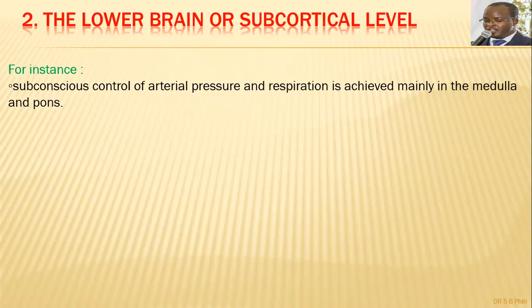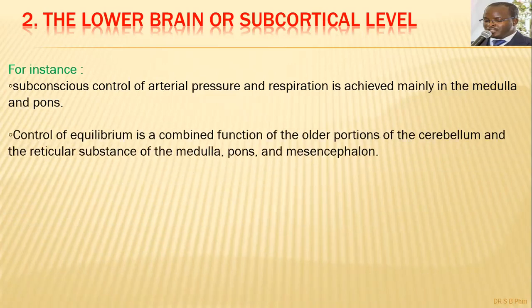So the subconscious control of arterial pressure is also taking place within this subcortical level, because this is where you find the medulla oblongata and those nuclei, the basal ganglia, the hypothalamus, and mesencephalon, like I've already explained. Even before you involve the actual higher centers, the cortex, the subcortex is also involved in motor control.